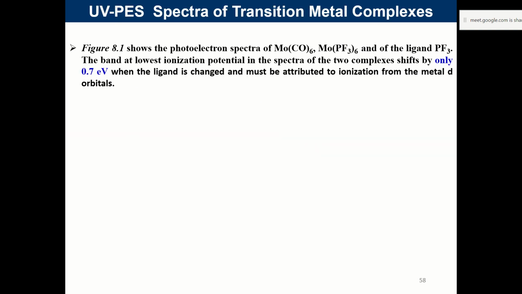And then what you see here are a few observations which you should also note. We have seen 2 complexes of molybdenum, one of carbonyl, one of PF3. What we find is that the band with the lowest ionization energy in the spectra shifts only by 0.7 electron volts when the ligand is changed.